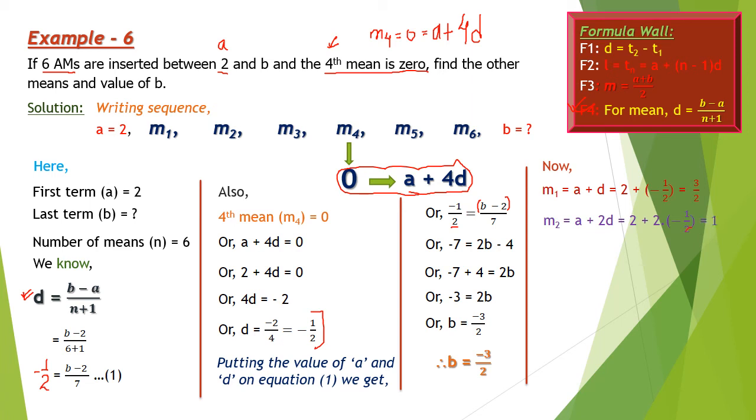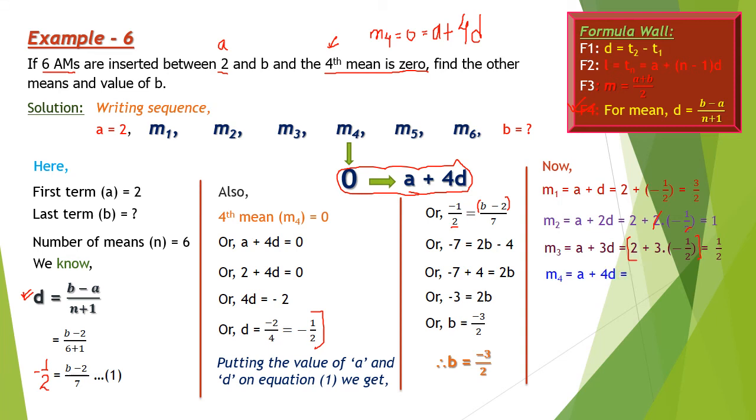We can cancel 2 here, and then we get the answer 1. Also, m3 is equal to a plus 3d, equal to 2 plus 3 into minus 1 by 2, equal to 1 by 2. You can use your calculator to simplify this part.